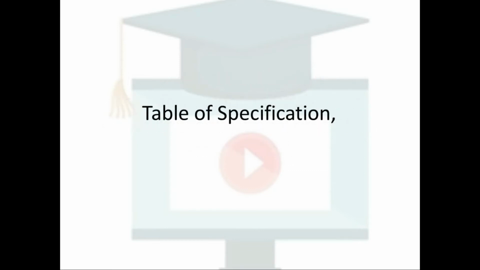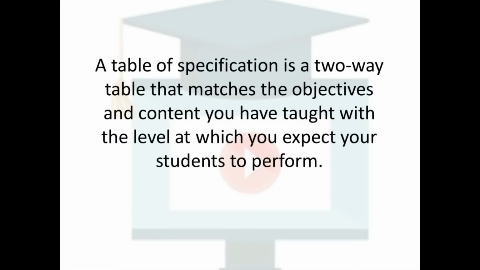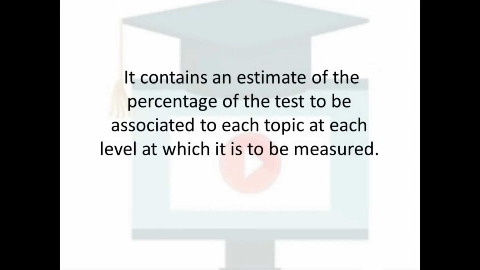Table of specification. A table of specification is a two-way table that matches the objectives and content you have taught with the level at which you expect your students to perform. It contains an estimate of the percentage of the test to be associated to each topic at each level at which it is to be measured.